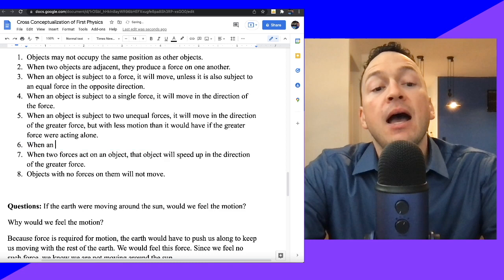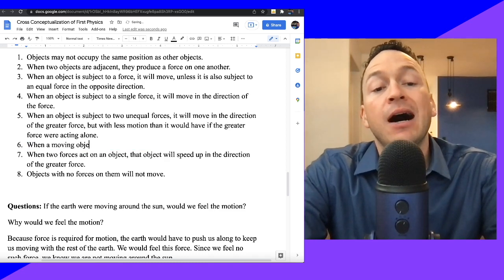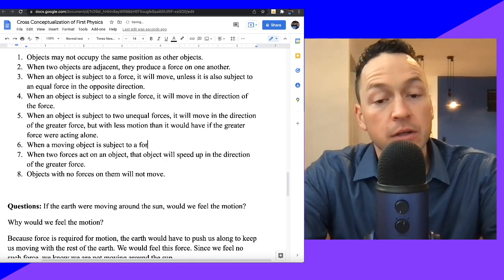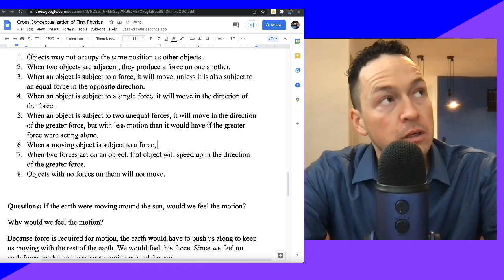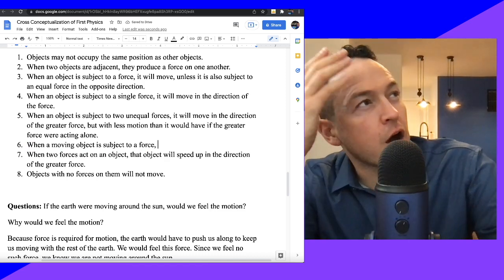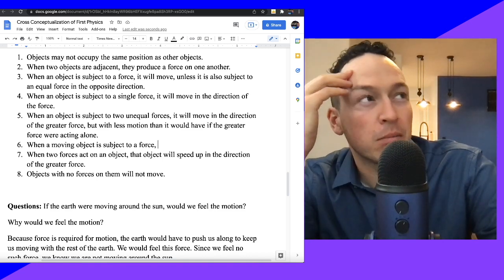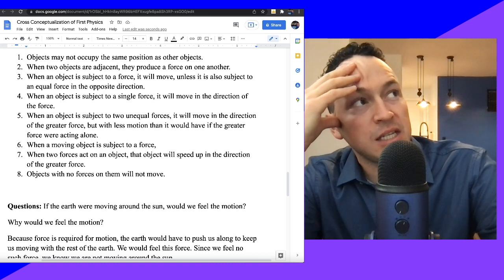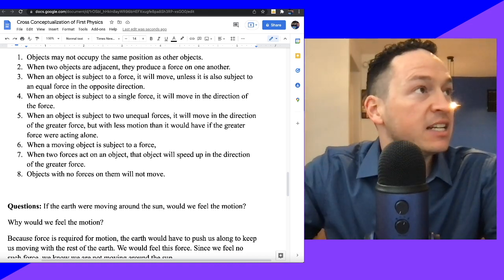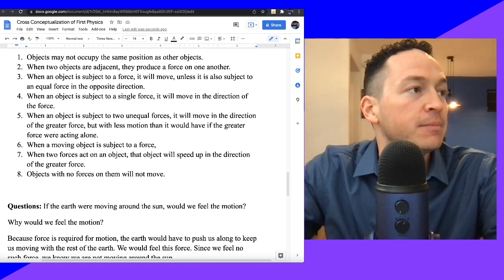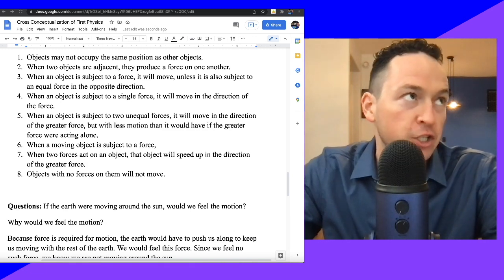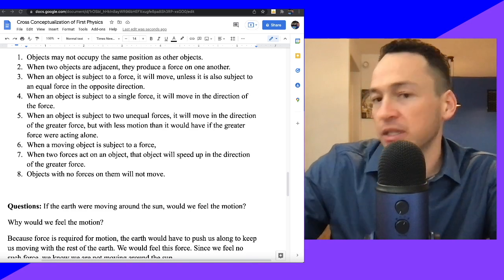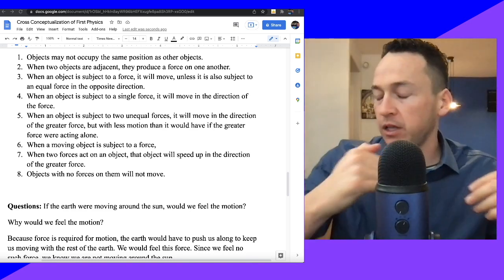When a moving object is subject to a force, here's just a problem with this. This is something Galileo would just have to answer. On what basis is he calling the grinding force of an object grinding against a surface friction? Is he classing that with the same as pushing and falling?